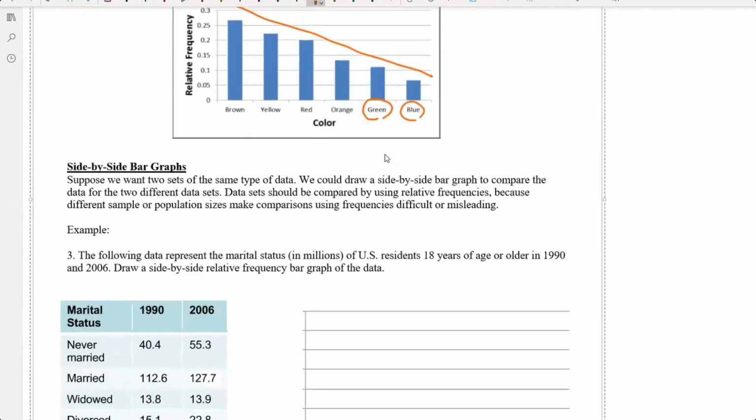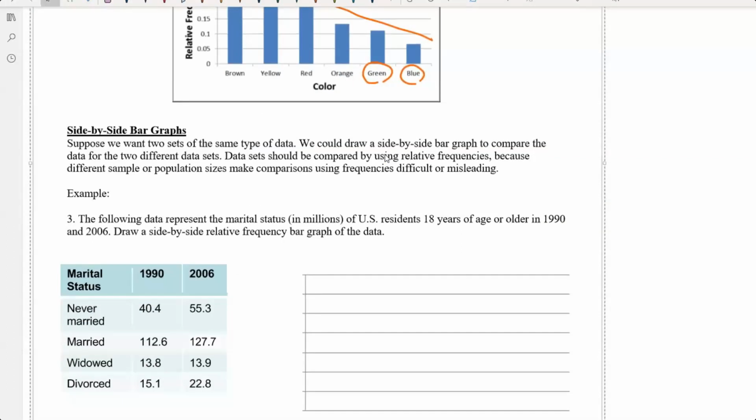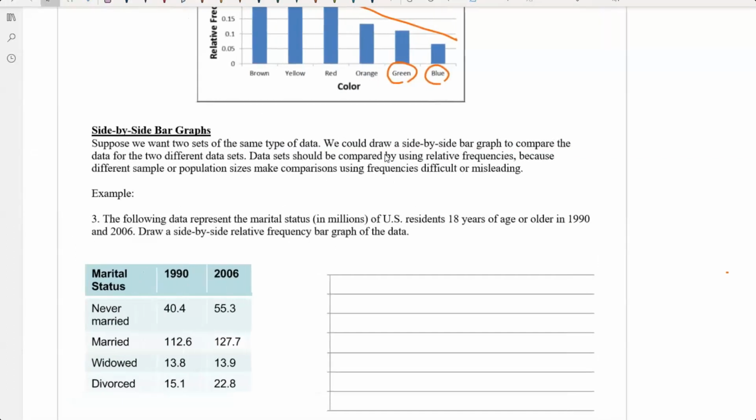Okay, with this next one, we have a side-by-side bar graph. This one is to compare data. Since we have a side-by-side bar graph, we can use this one to compare our data.